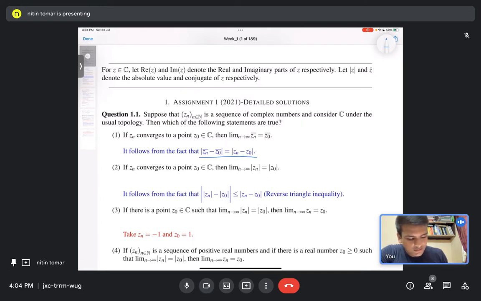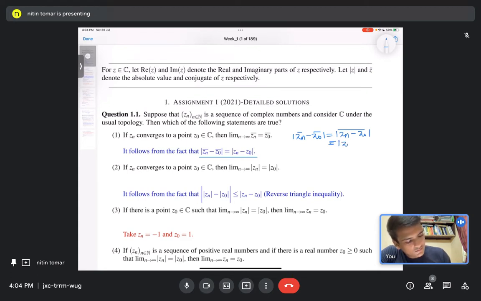This is clear why this equality is there, because modulus of Zn bar minus Z naught bar can be rewritten as modulus of the conjugate of Zn minus Z naught. Why? Because conjugate is a linear function over reals.